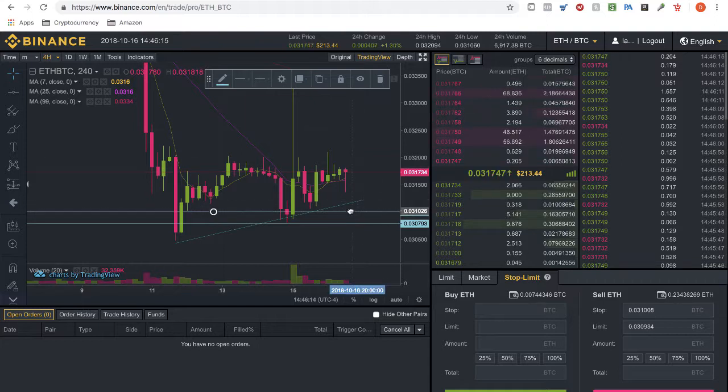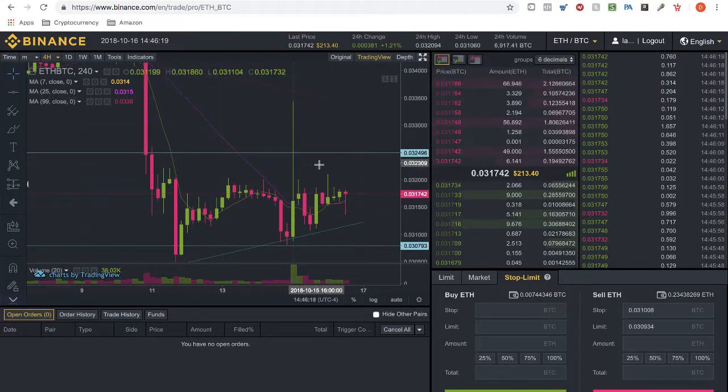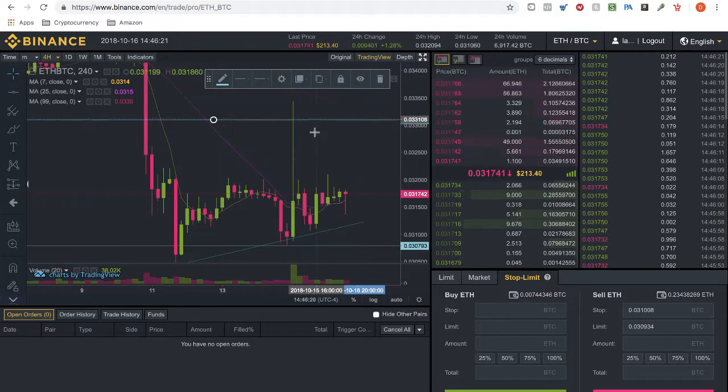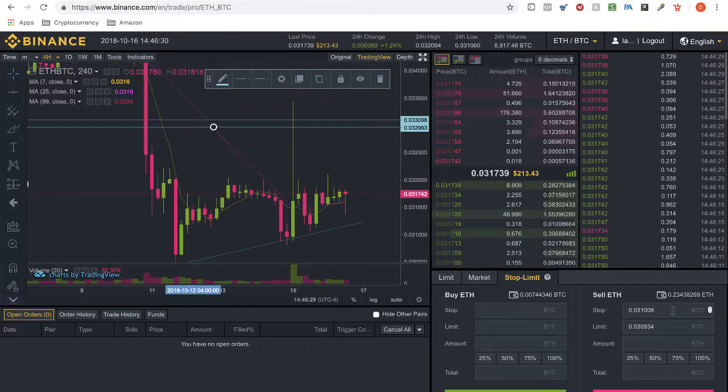Now let's say you wanted to take profit and something like this wick happened. I mean, that's a fast wick that could go up and down. So we want to take profit here at this blue line. We are going to set our stop here. If we're trying to sell on a stop limit order, we would simply put the limit here and the stop would be here.